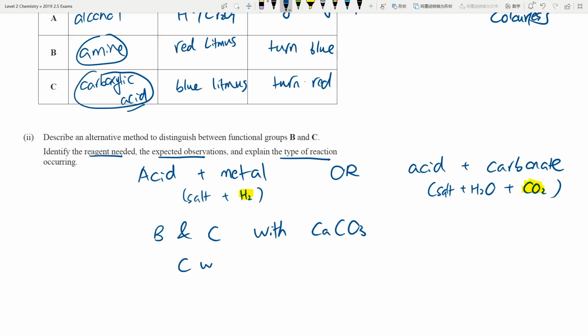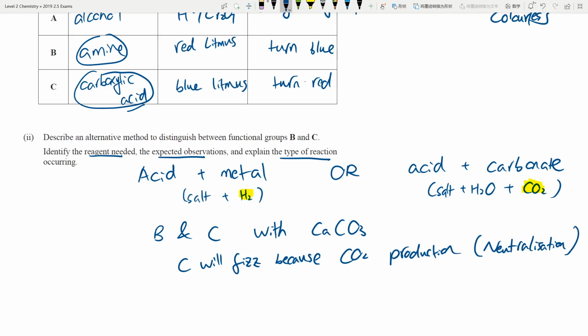So C will fizz. And what type of reaction is this? Because of the CO2 production, I'm abbreviating because you have the answers underneath, this is a neutralization reaction, because you're making water. And B is a base, so it doesn't react.